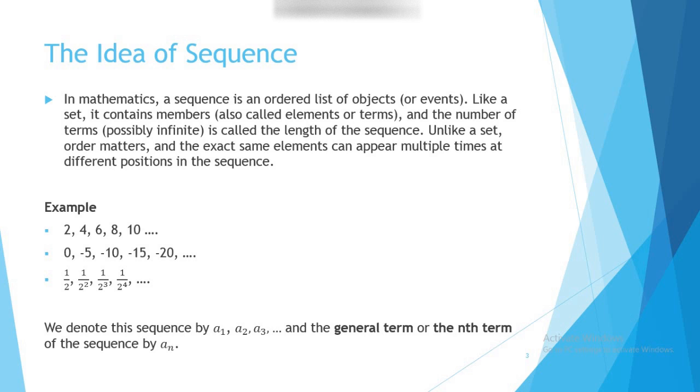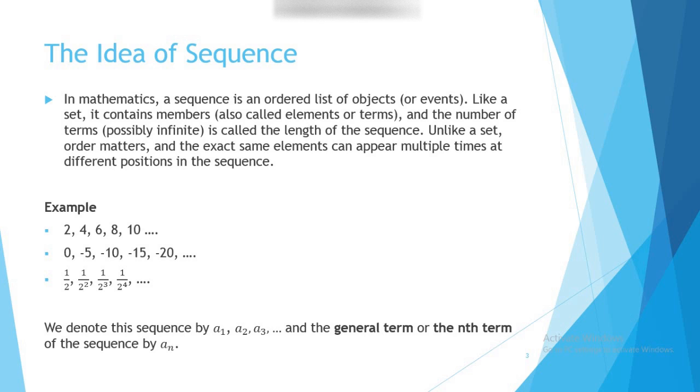The next sequence: 1/2, (1/2)^2, (1/2)^3, (1/2)^4, and so on. If you notice, it is multiplied by 1/2 each time. We'll be discussing more about these types of sequences in our next videos as well.